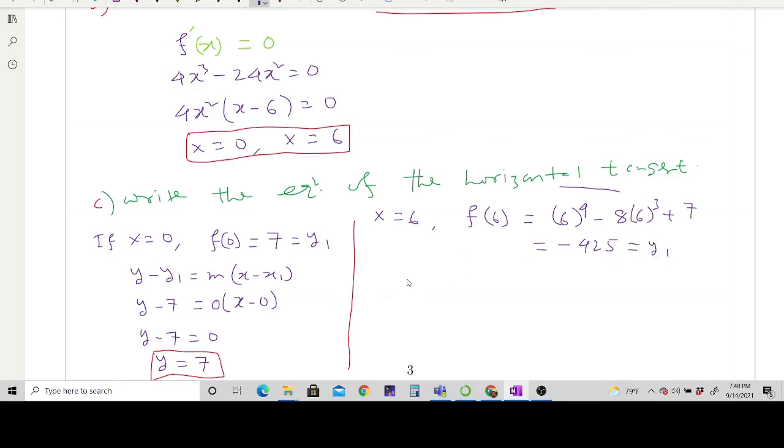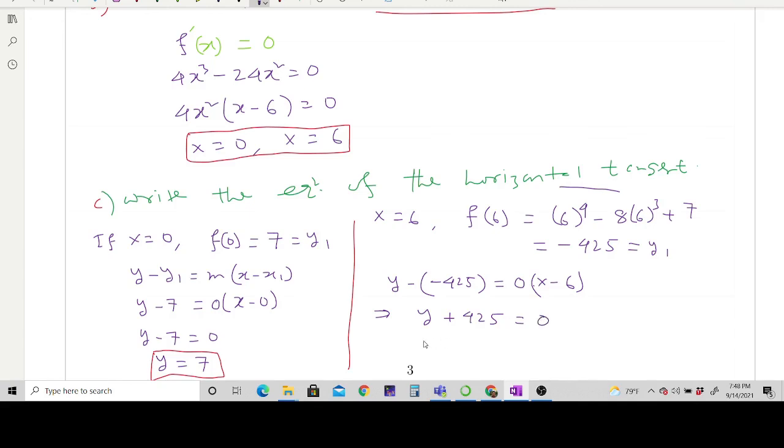The equation of the tangent line: y minus y1, which is negative 425, equals m, which is 0, times x minus x1, which is 6. Now if we simplify this, y plus 425 equals 0.